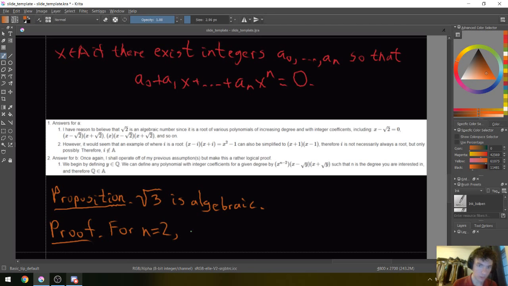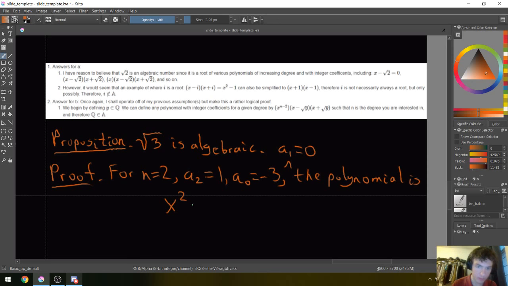And I get to pick the constant term, which has to be an integer: a0 equals minus 3. Oh, I should have said there's one more, a1. Let's pick that to be 0 so we want no linear term. So x squared minus 3 equals 0. That's the polynomial I cooked up.